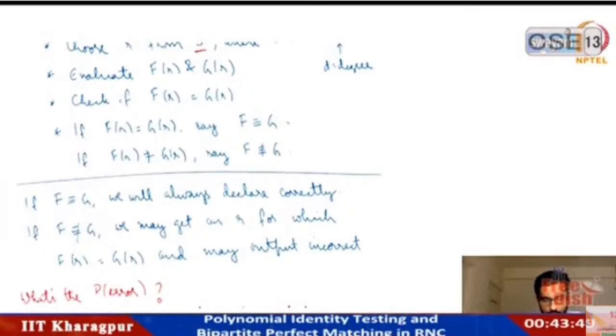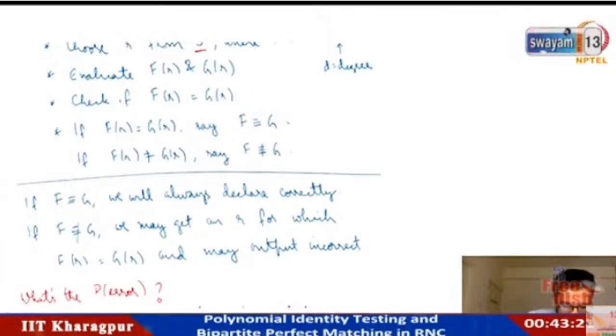However, if f and g are not the same, in that case there is a small possibility that you may end up getting an r for which the evaluations agree, and that r forced you to say that f and g are the same, even though they are different, right?